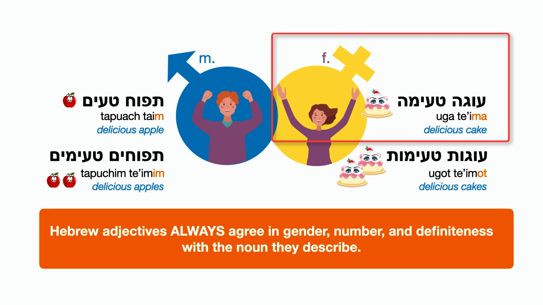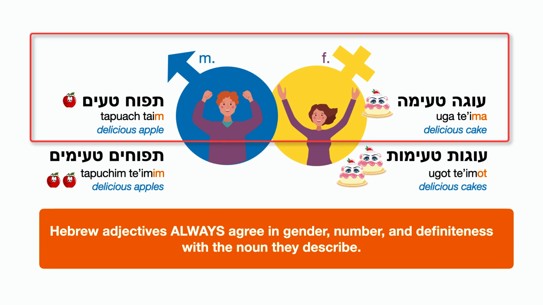Because cake is a feminine noun, instead of saying ta'im, which means delicious, we say te'ima, because that is the feminine version of this adjective. So, uga te'ima. There is an agreement in gender when it comes to describing a noun. If it's a masculine noun, we use a masculine adjective, and if it's a feminine noun, we use a feminine adjective.